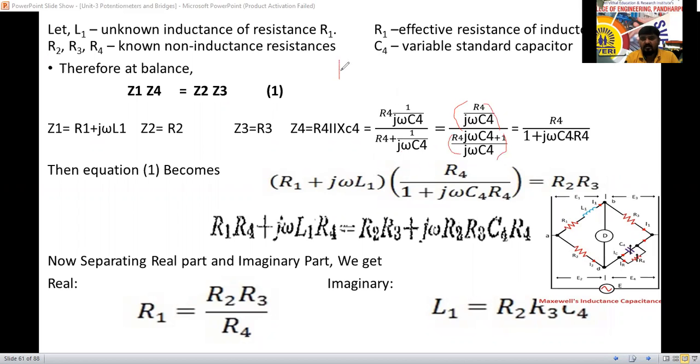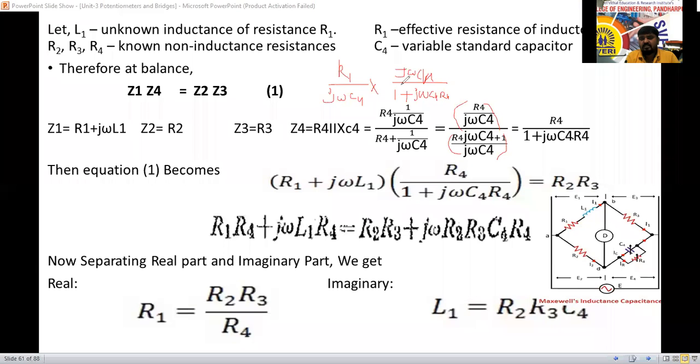Look once carefully. R4 divided by j omega C4, so the divided-by term is there, divided by 1 by j omega C4. Numerator to denominator, denominator to numerator. This one I will write in the numerator, that is j omega C4, divided by 1 plus j omega C4 into R4.